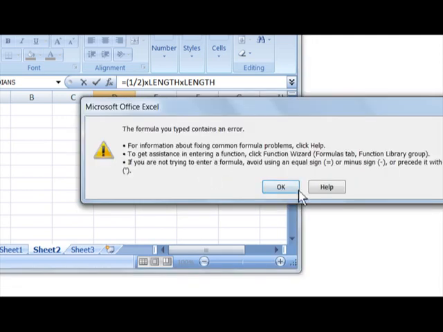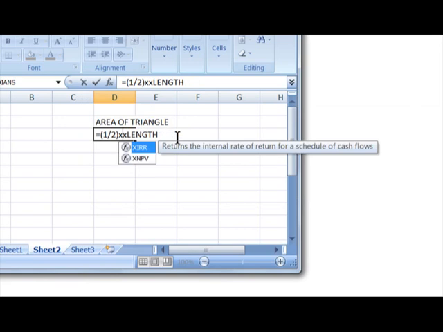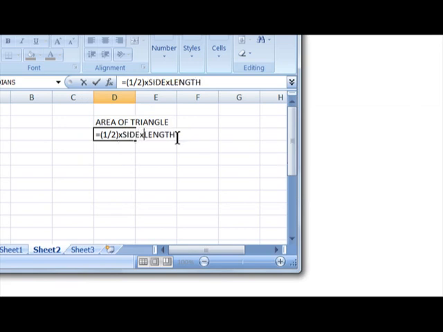So that's just one of the formulas. Half times length times length. If that doesn't make sense to you, you say half times side times side, times the sine of the angle between the sides.